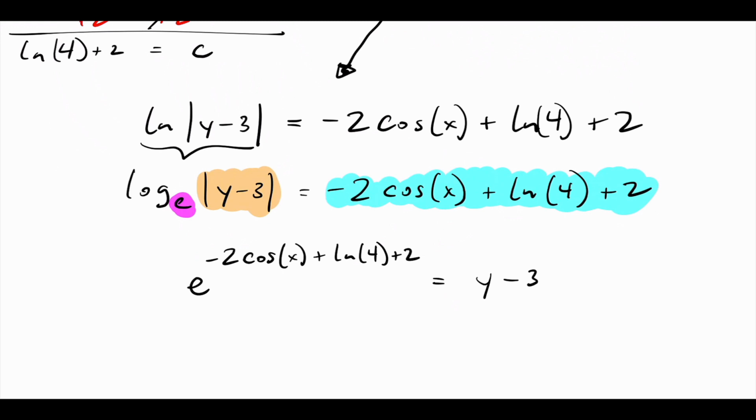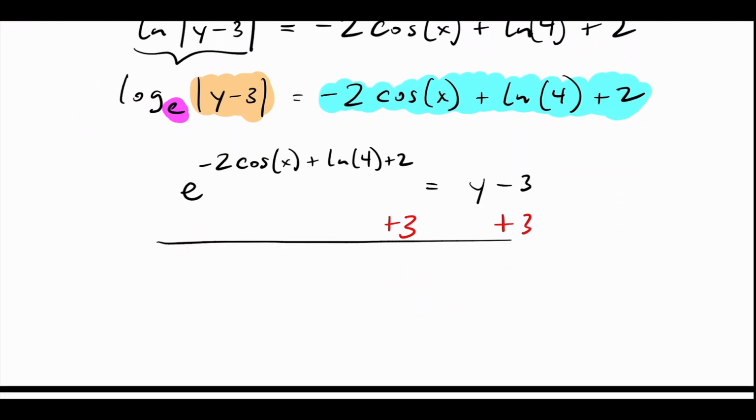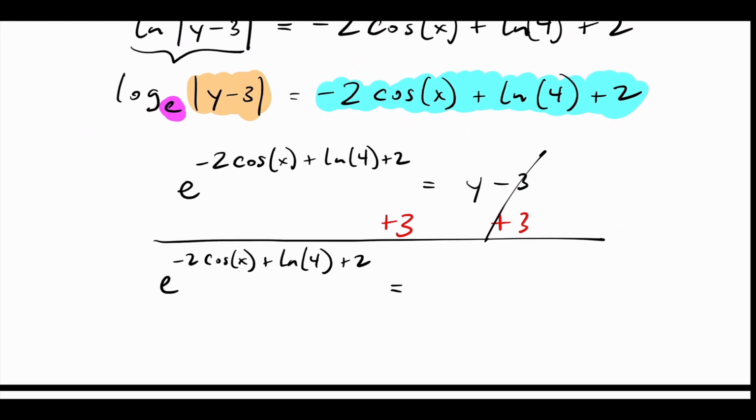And then the last step, solve for y by adding 3. E to the negative 2 cosine x plus natural log of 4 plus 2, plus 3 whole, equals y.